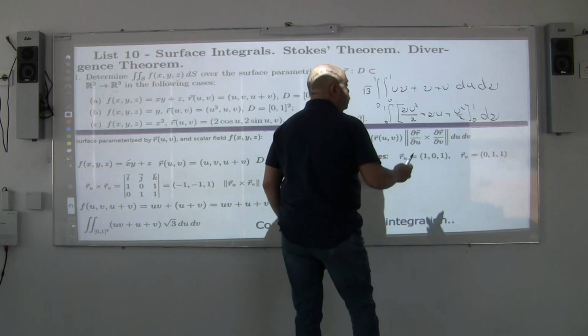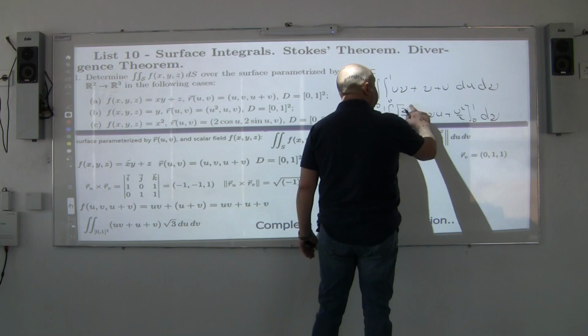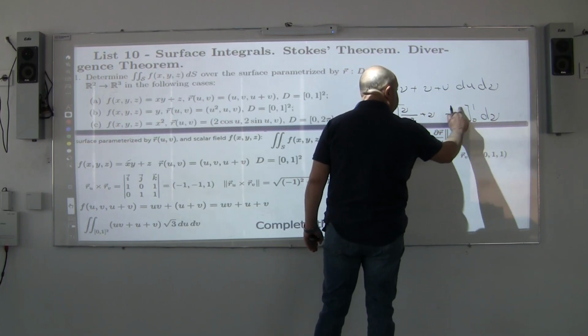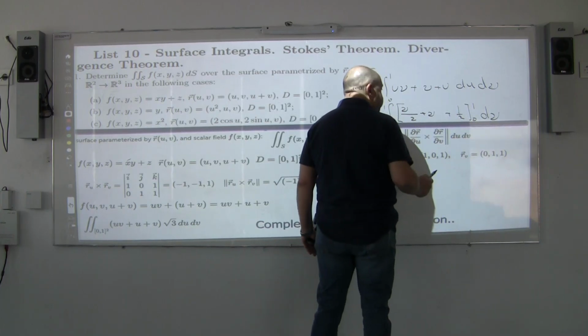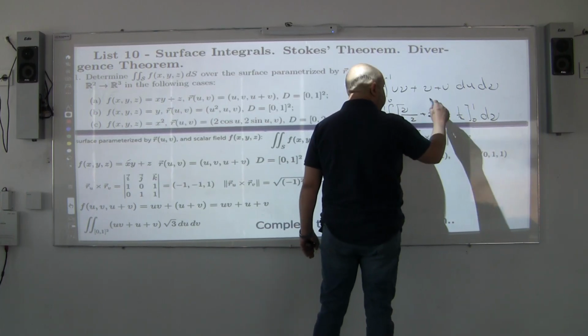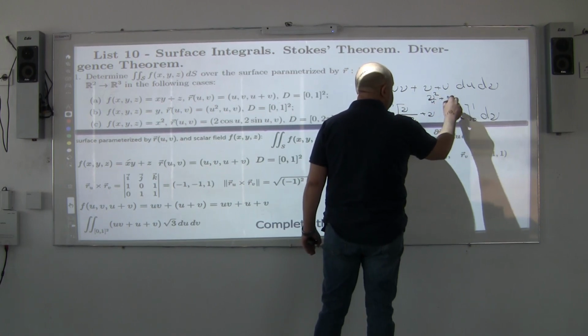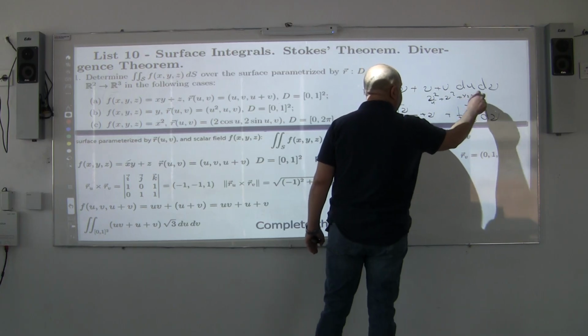So all I have to do is to replace every value of u by 1, which means this guy is going to be 1, that guy is going to be 1, and this is going to be 1 over 2. Then I will integrate with respect to v in the other direction. I will have v squared over 4 plus, this is going to be also v squared, plus a half of v.